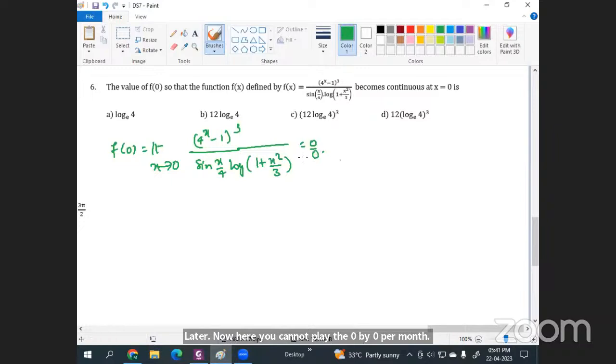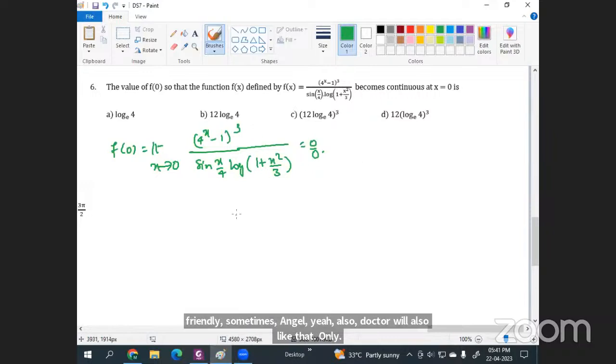But when you apply the L'Hopital rule, it is very complicated. L'Hopital rule is sometimes very friendly, sometimes it is also an enemy, like friction in physics. Friction is sometimes friendly, sometimes an enemy. Here also L'Hopital rule is like that, but you can try.